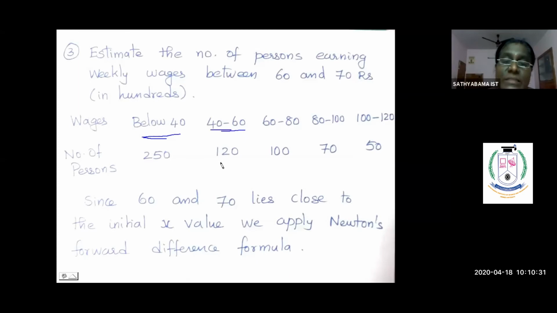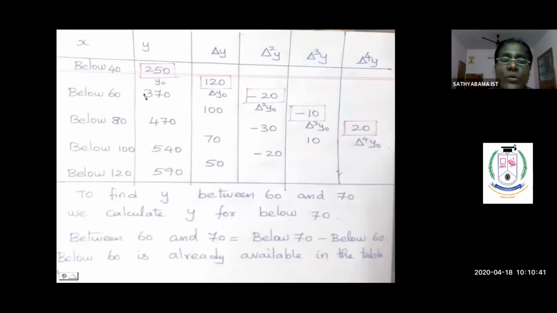Then what happens to the number of persons? Below 60 means it includes below 40 also. So I have to add both the y values to write what is below 60.